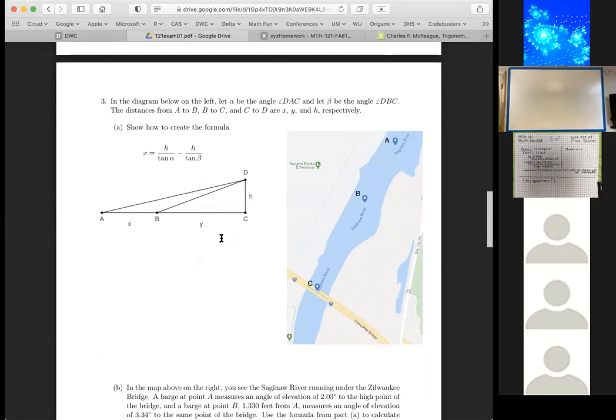And so that formula I gave you is a true formula. It is correct. And I want you to show me how I made it, which is using the sides of the triangles and the trigonometric definitions. Is that what you're getting at, Ashton?